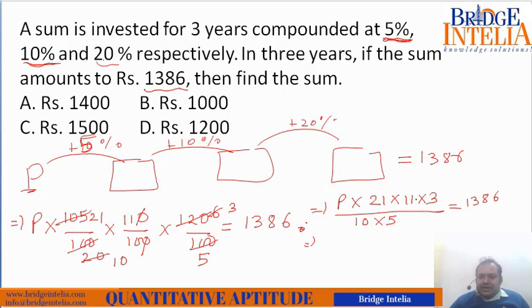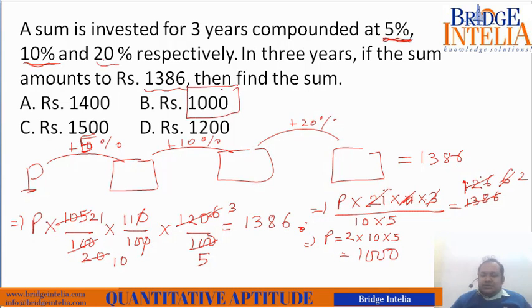I think a few terms are going to get cancelled. Yes, this is a factor of 11. So this 11 cancels. So 1, 2, 6 and 21, 6 times is 1, 2, 6. So P comes out to be equal to 2 into 10 into 5. So that is equal to 1000. So this is the real essence of compounding.